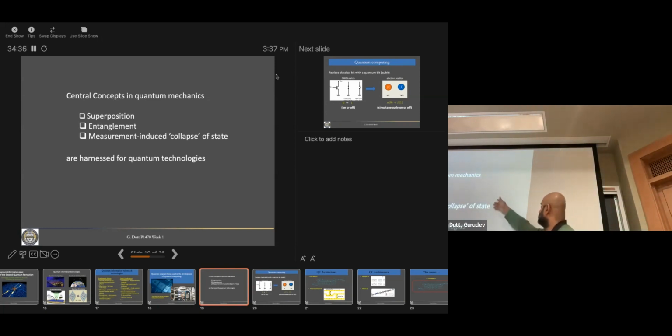So those are these three topics: superposition, entanglement, and measurement-induced collapse. These three key ideas, and we'll discuss them in this class, are going to be harnessed for quantum technologies. That's what brings the power to quantum technology.